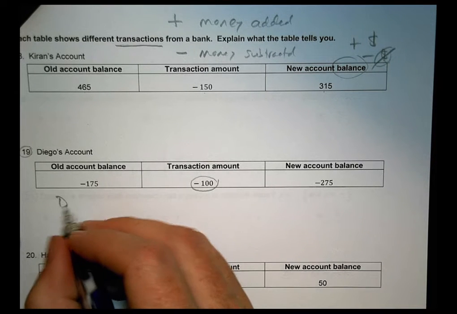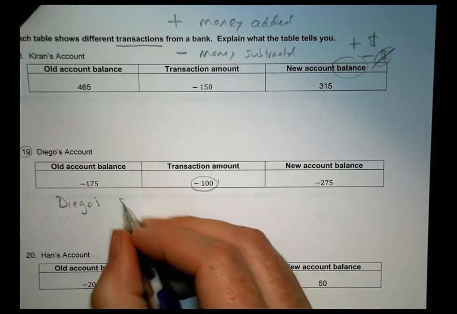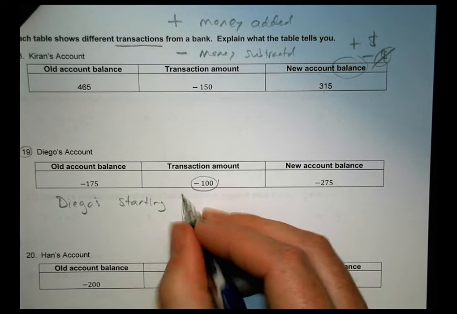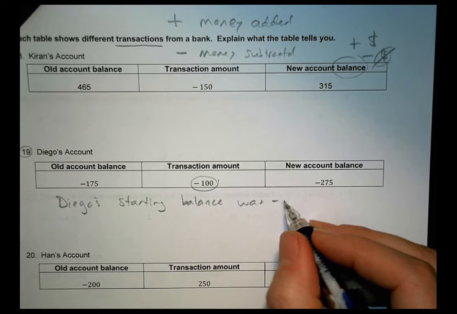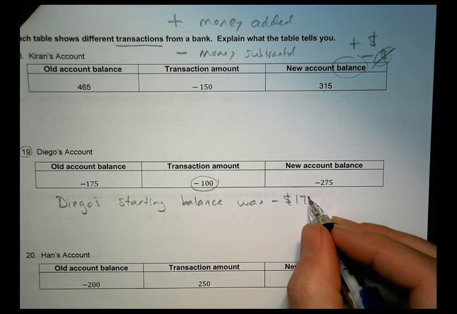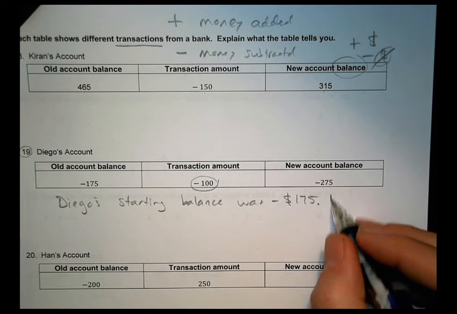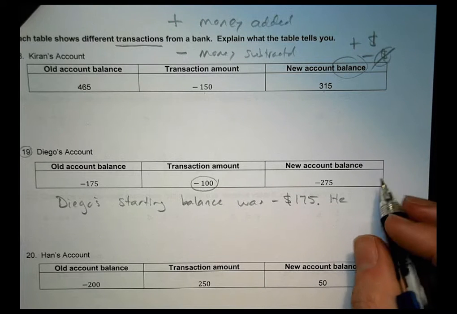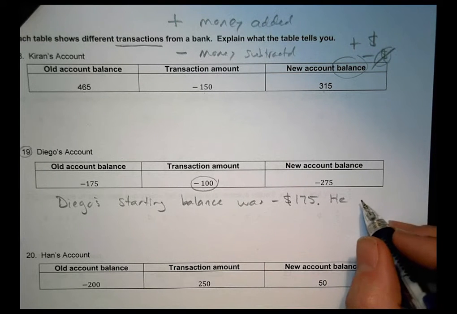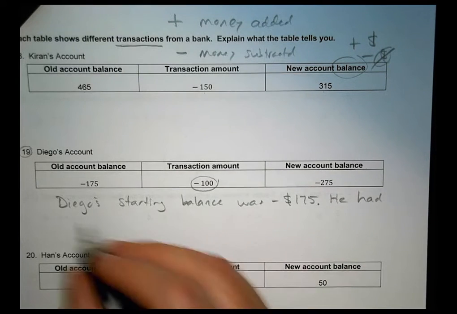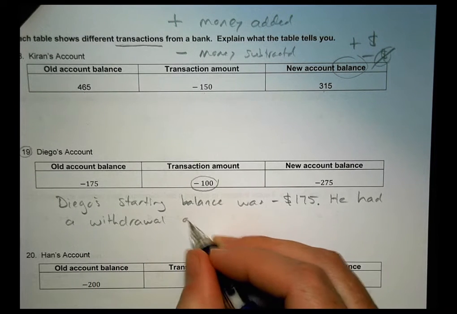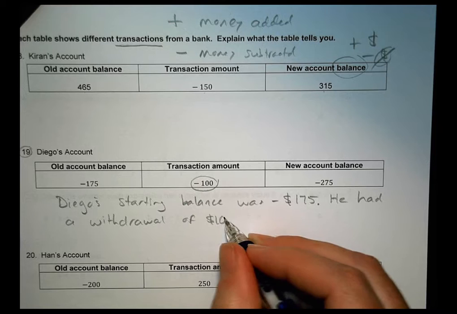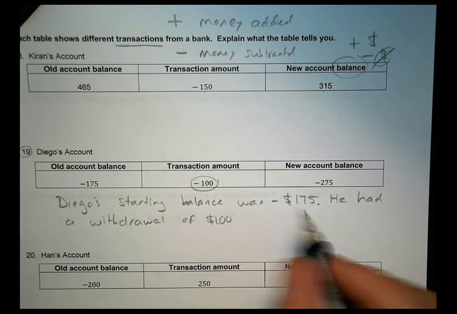We would say Diego's starting balance was a negative $175. Okay. He had a withdrawal of $100, which means withdrawal is a negative.